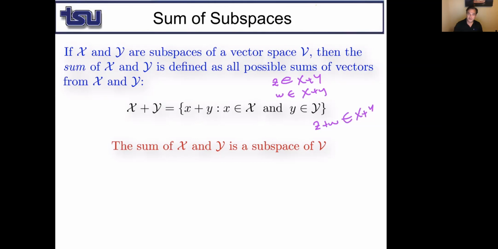If you take any element in this sum and multiply it by a scalar, clearly that will also be in the sum of the subspaces. So therefore it's closed with respect to addition, and it's closed with respect to scalar multiplication. Therefore it's a subspace of V.